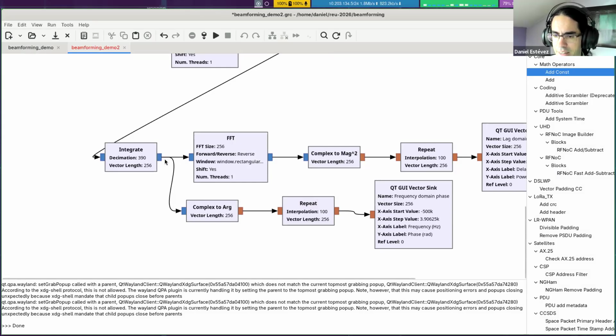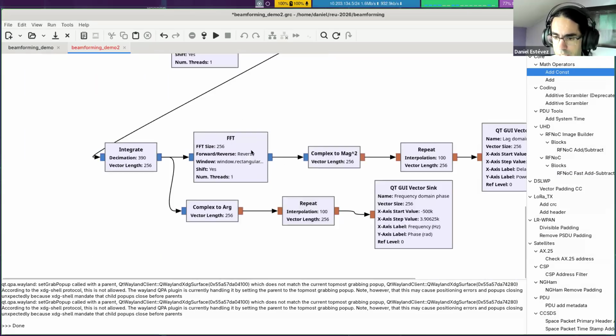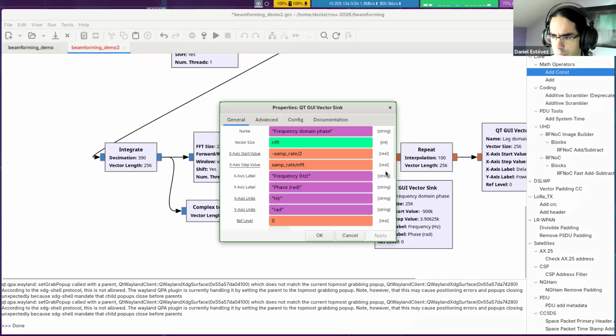First, we are interested in the phase of these numbers, because the phase of these complex numbers is the phase difference of the signals on the receivers. So Complex to Arg extracts the phase of the complex number in polar coordinates. And then we have the repeat trick. We saw that last week also. Here we have basically the same values we learned how to set up last week.